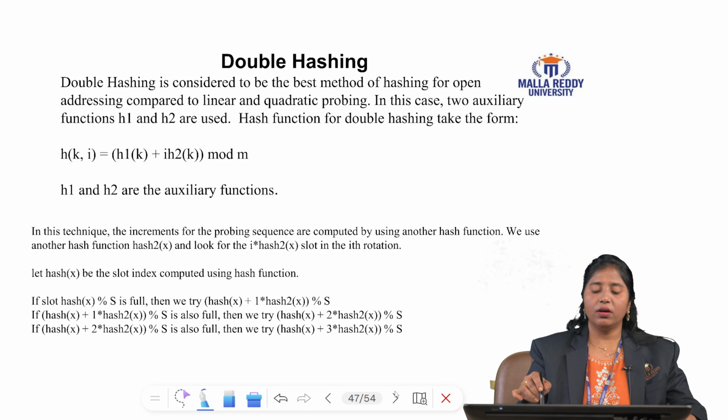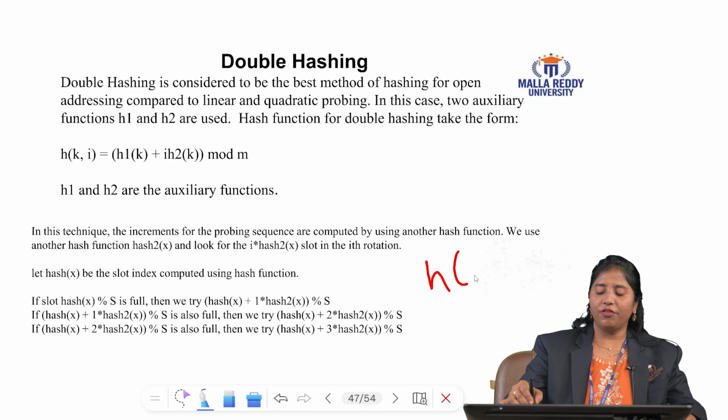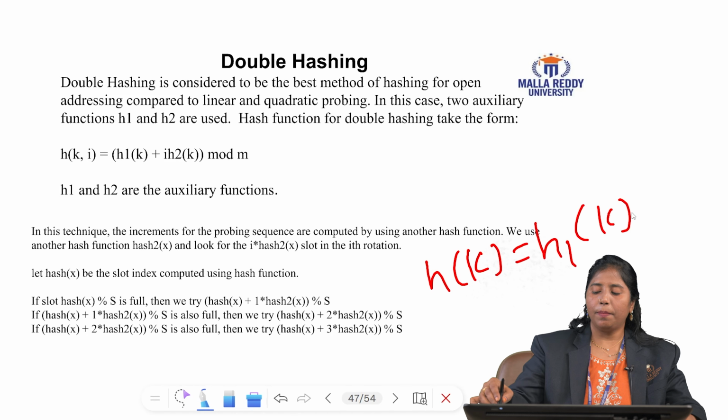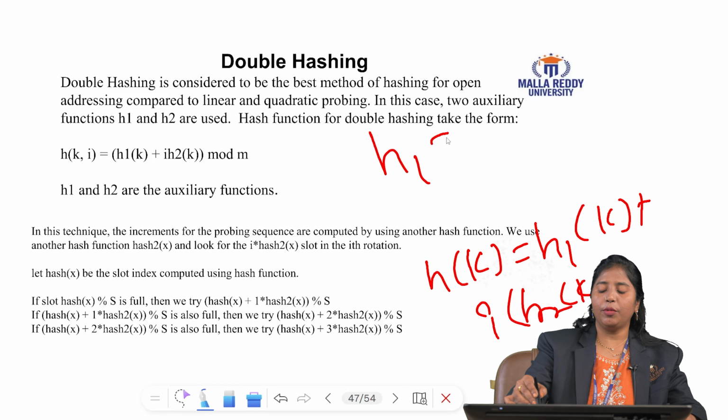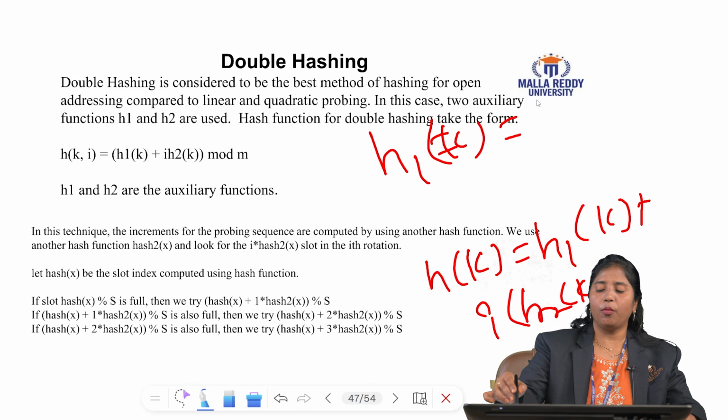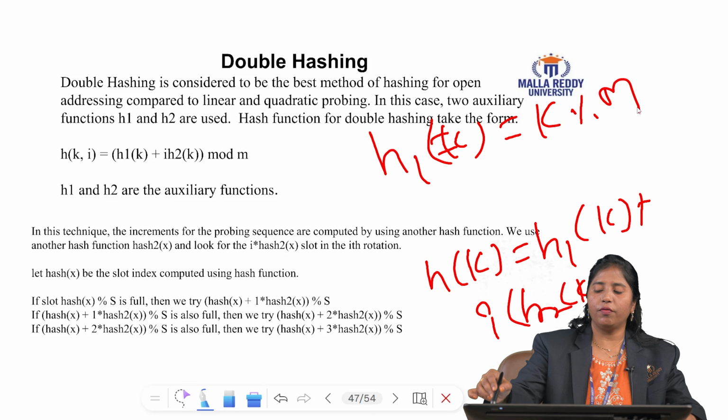Now next we have double hashing. The double hashing formula is h of k equal to h1 of k plus I times h2 of k. h1 of k is nothing but the normal division modular method formula, k mod m, which we have to find here.